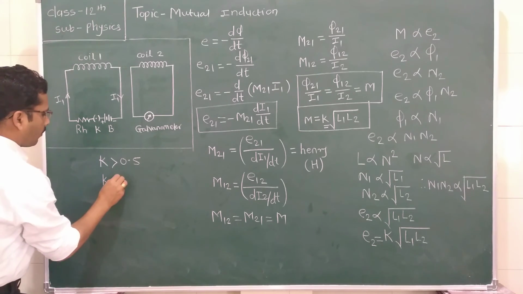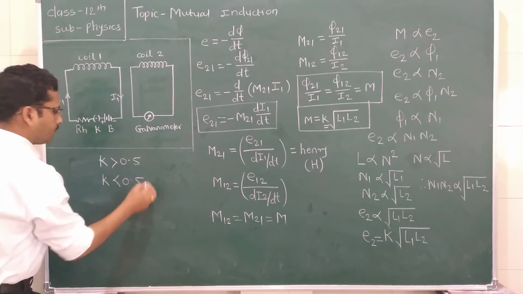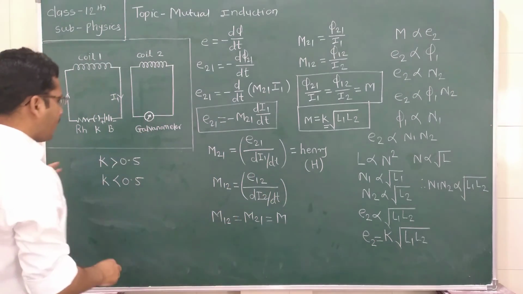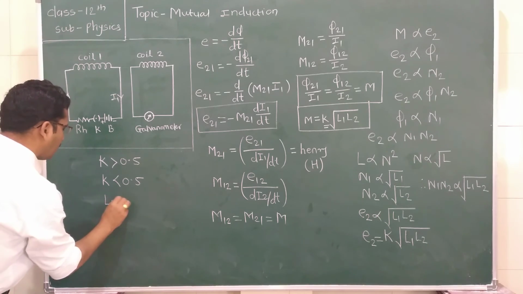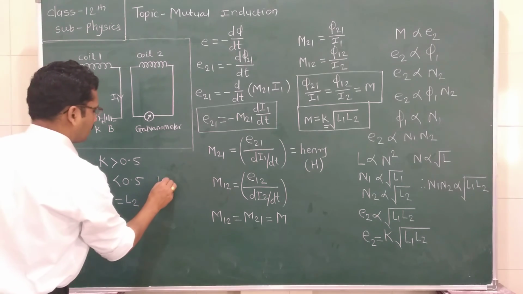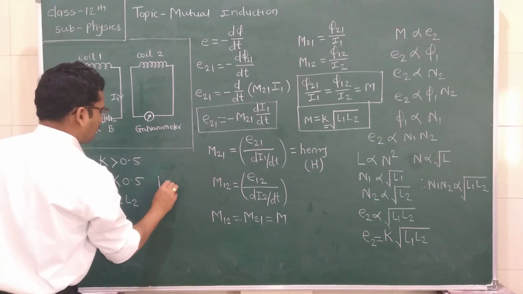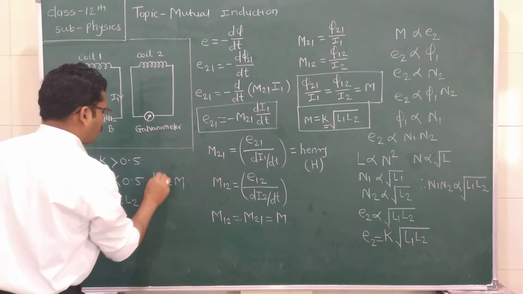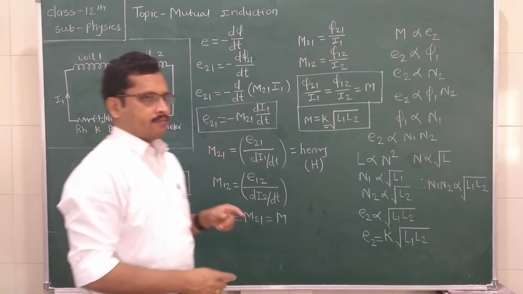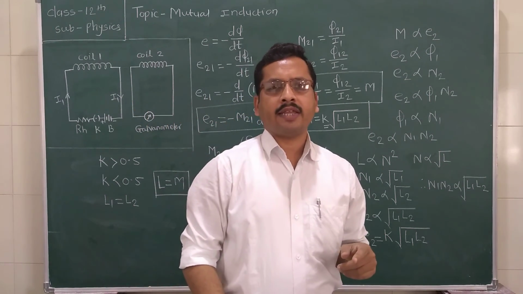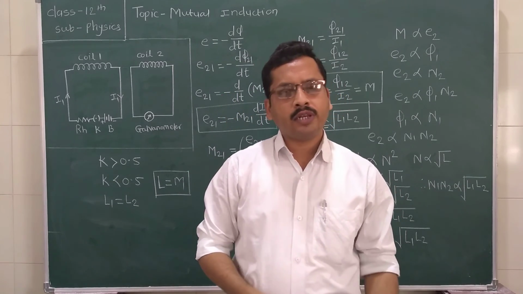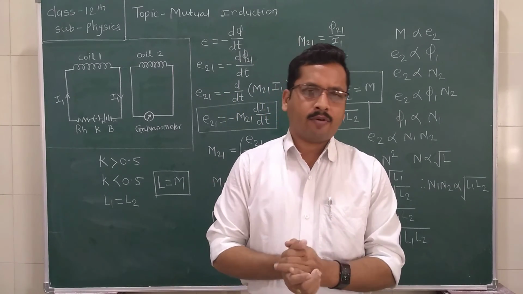If the value of k is less than 0.5, then they are loosely bounded. And if L1 is equal to L2, then k is equal to 1 and L is equal to M. So by knowing the value of the coupling coefficient, we can say how these two coils are bounded with each other, either loosely or tightly.